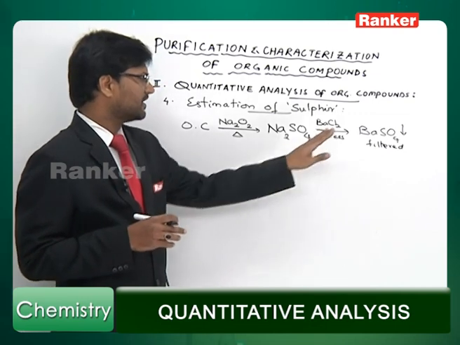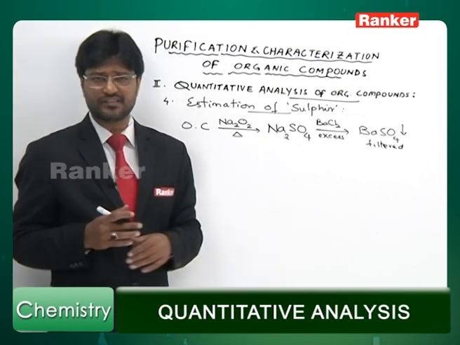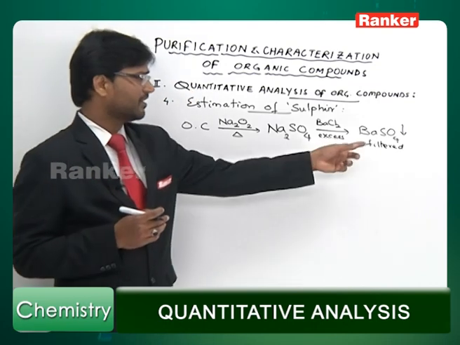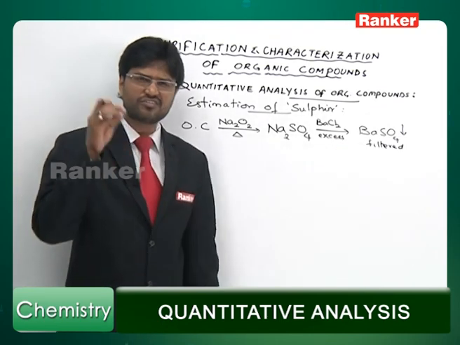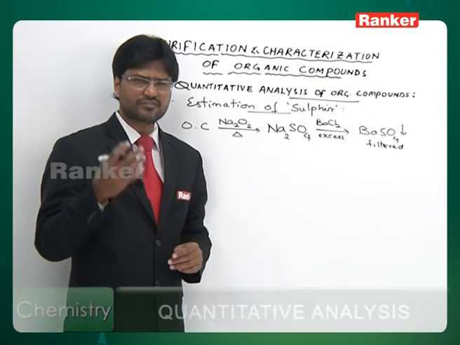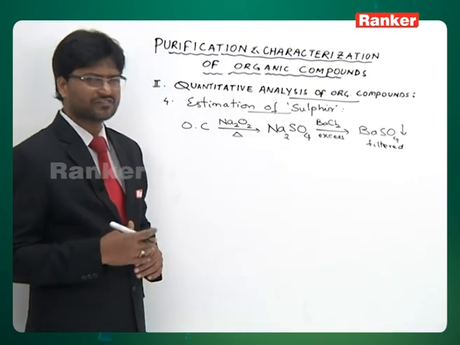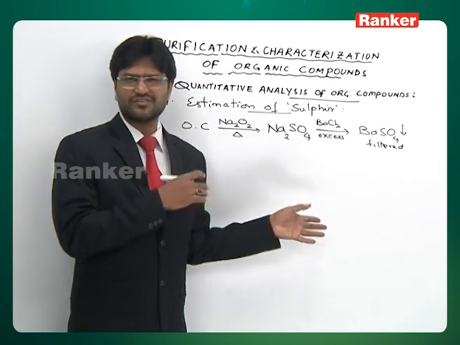This is then mixed with excess of barium chloride, when all the sulfate will get precipitated as barium sulfate. So, it is now just a matter of filtration. In the residue, you have BaSO4. Wash it thoroughly to remove all the soluble impurities, and then dry it and find out the mass of BaSO4 formed in the experiment. From that, you can arrive at the mass of sulfur.